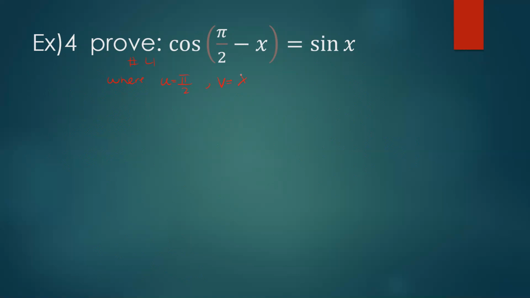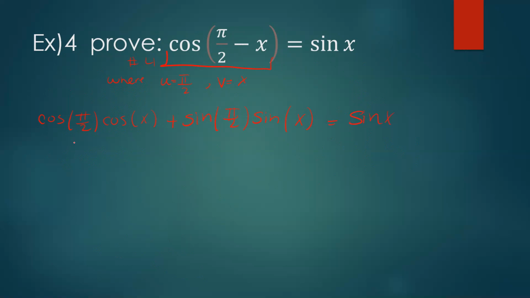Okay, so we're gonna simplify the left side right now. This would be simplified as cosine of pi over 2 times cosine of x, because that's how I'm using formula number 4, plus sine of pi over 2 times sine of v, which is x, sine of x, equal to the right side, sine of x.